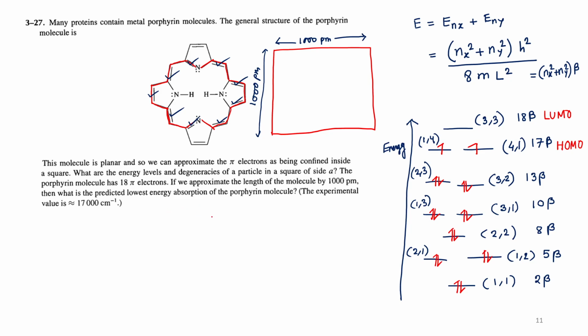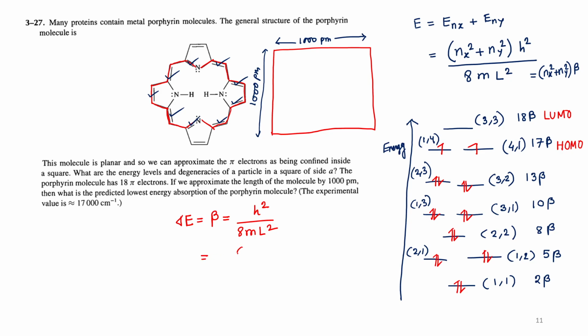So the gap is delta E beta, and that is h square by 8 m L square, right?